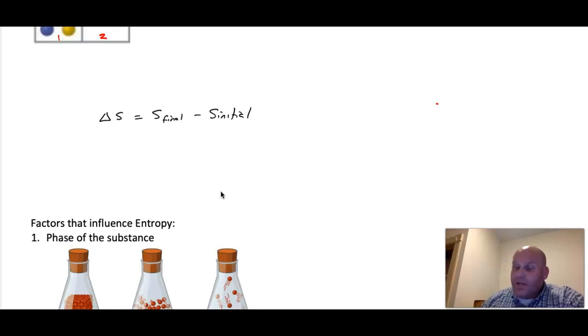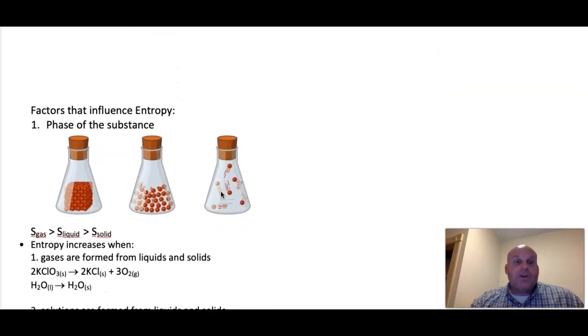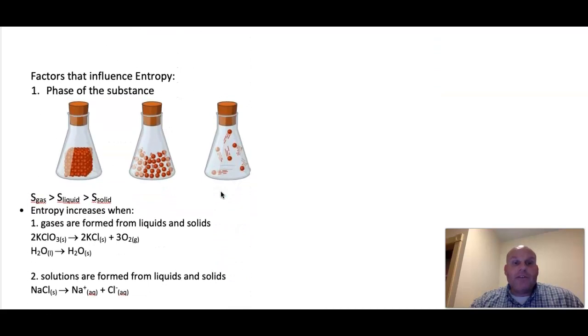We can sum the entropy of all the products minus the entropy of all the reactants, and we'll get to that later in this chapter. But for now, we just want to be able to predict the signs, and we can do that without having to do those calculations. So first of all, factors that influence entropy.